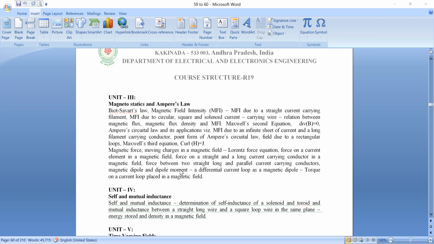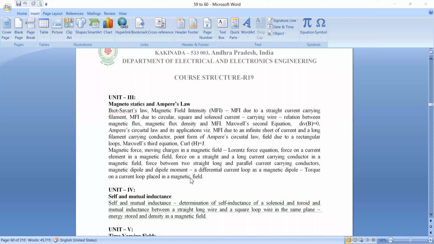The very important point is that to develop a magnetic field, there is no use of a magnet. That means there is no usage of magnet, north and south pole. Simply, a current carrying conductor behaves like a magnet. That means around the conductor, a magnetic field is developed.